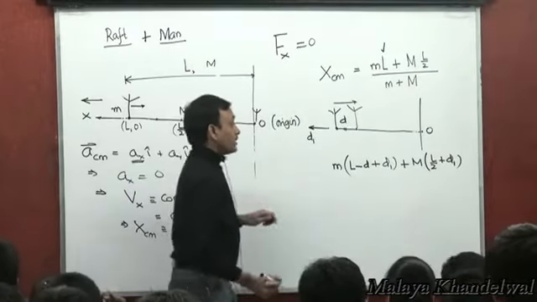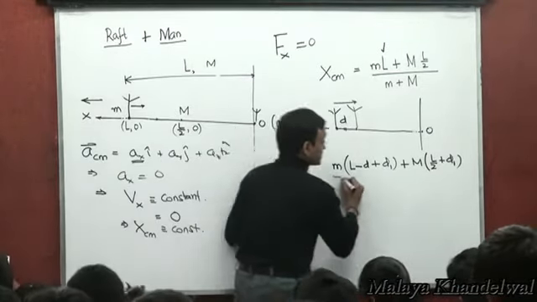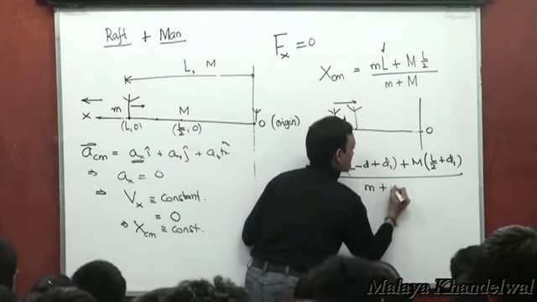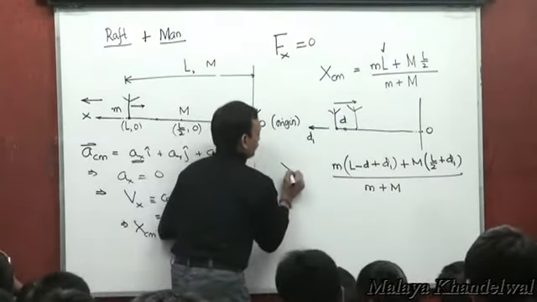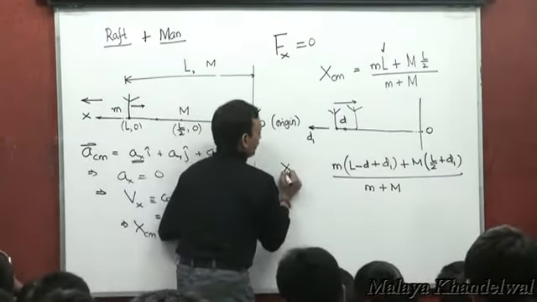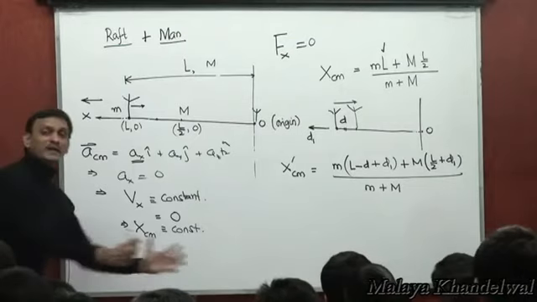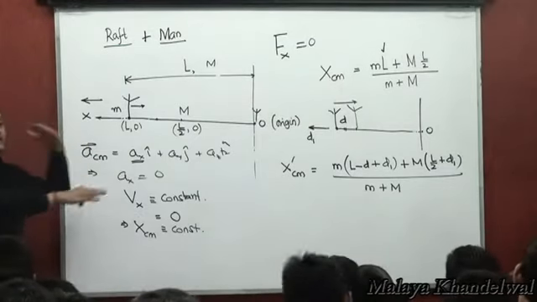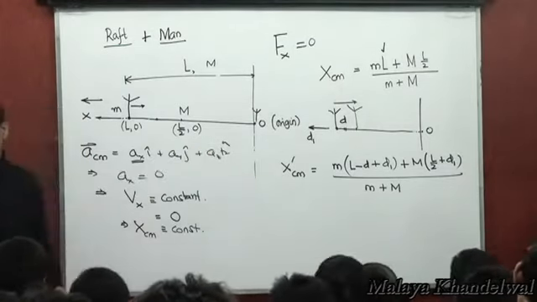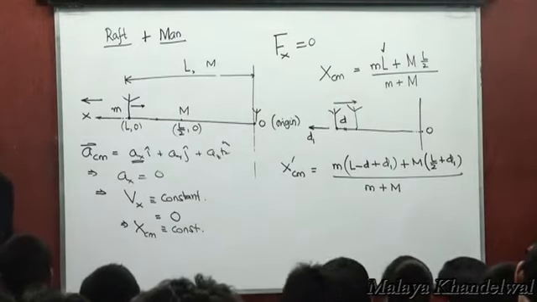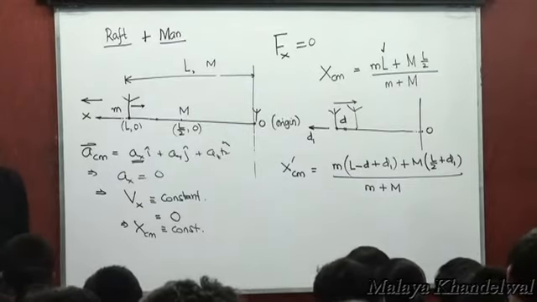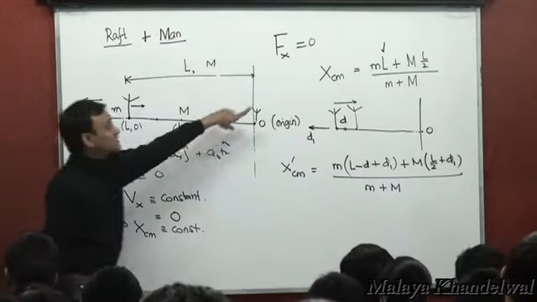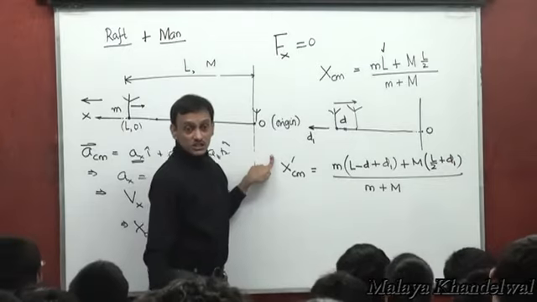So then this divided by small m plus capital M is going to be the final x coordinate of the center of mass of the raft and man when the man has moved d units with respect to the raft towards the shore, right? But subject to preservation of the x coordinate of the center of mass, this must be the same as this.